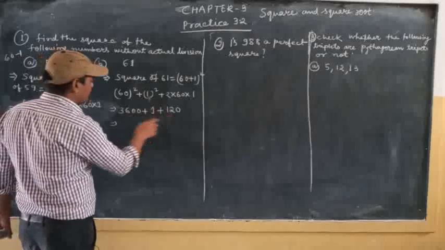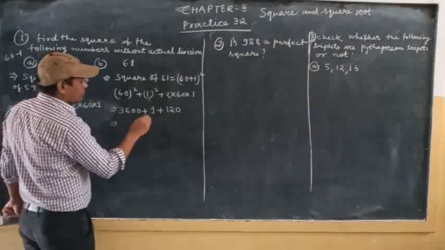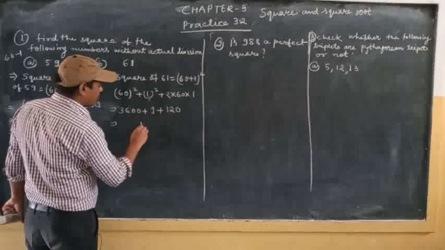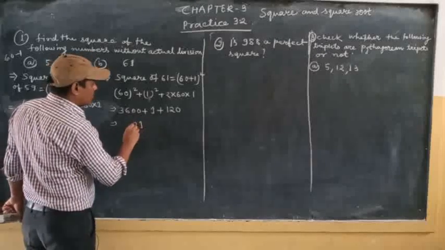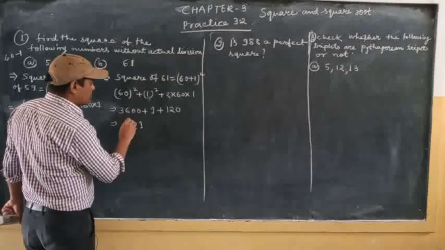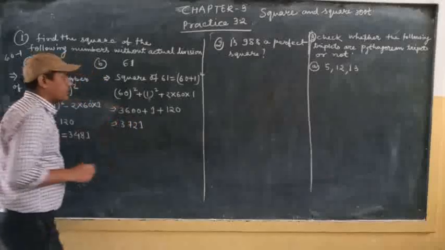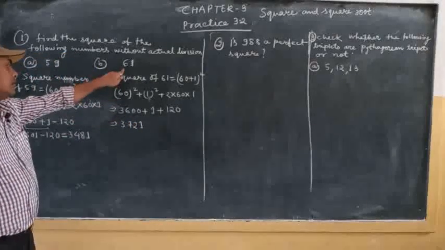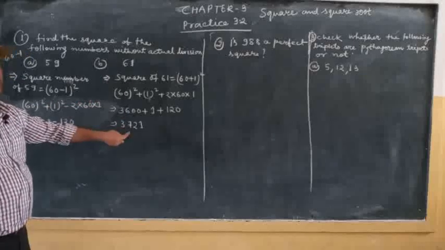We add all these three numbers together, and the square of 61 is 3721.